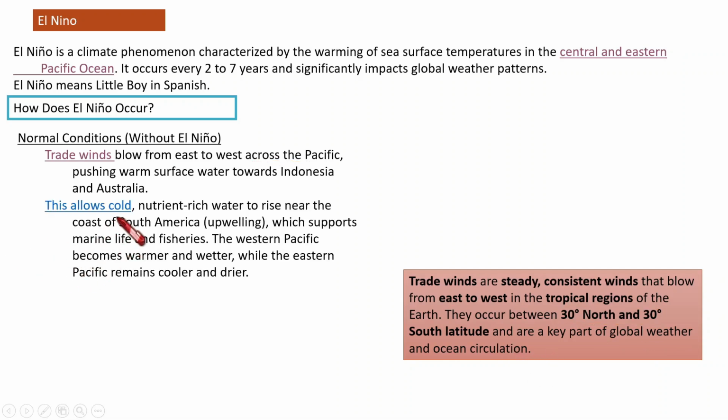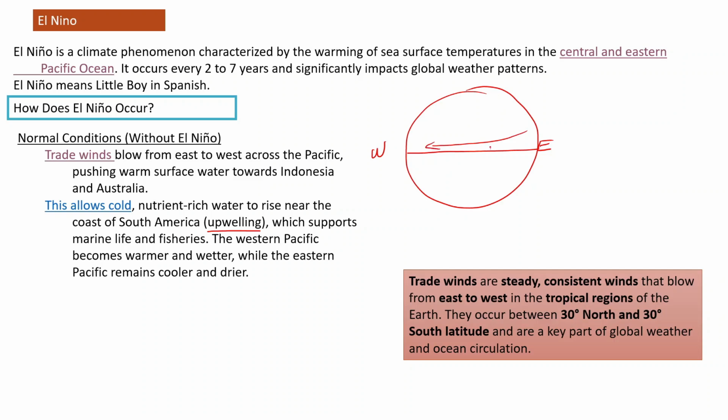Then, one more thing we need to understand is upwelling. Upwelling is another phenomenon that we need to understand during the normal condition in the ocean. I am just going to sketch the globe once more. West, east. We have seen that as the trade wind starts to blow from east to west, it carries warmer surface water towards the west.